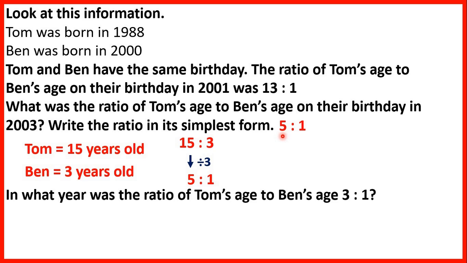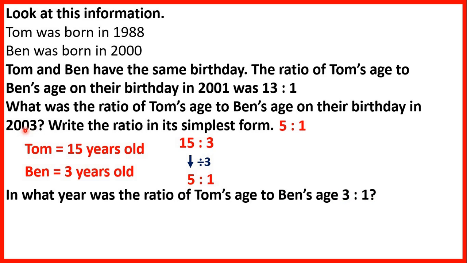And what this ratio really means is that for every 5 years that Tom has been alive, Ben has been alive for 1 year. Now, in what year was the ratio of Tom's age to Ben's age 3 to 1?